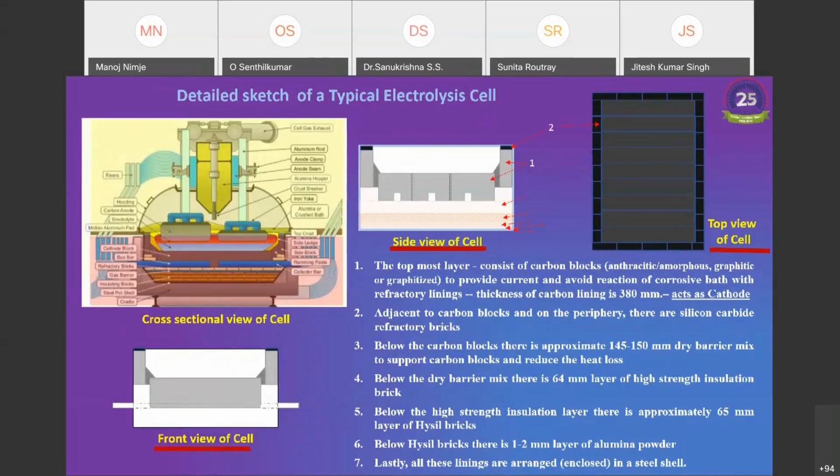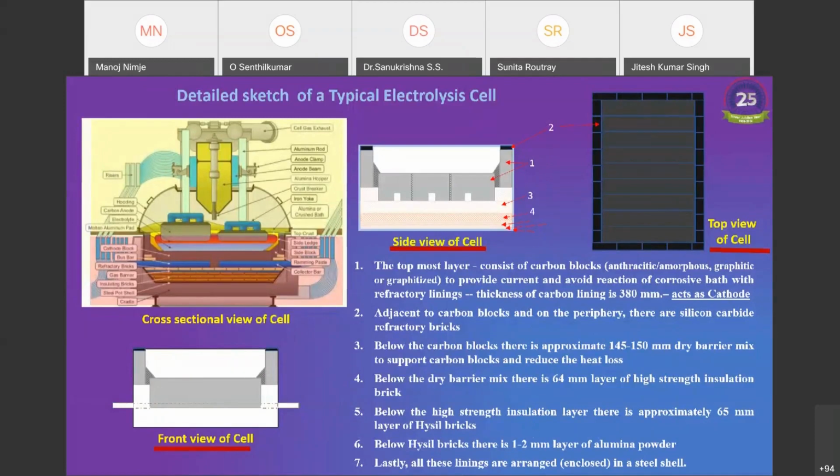Second, adjacent to carbon blocks and on the periphery there are silicon carbide refractory bricks to provide support to the carbon blocks. Third, below the carbon blocks there is approximately 145 to 150 millimeter dry barrier mix to support the carbon blocks and reduce the heat losses.